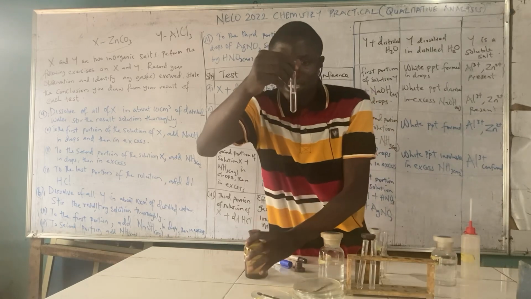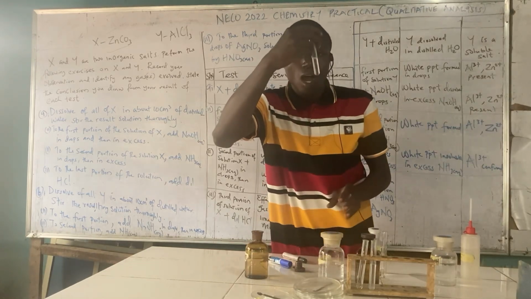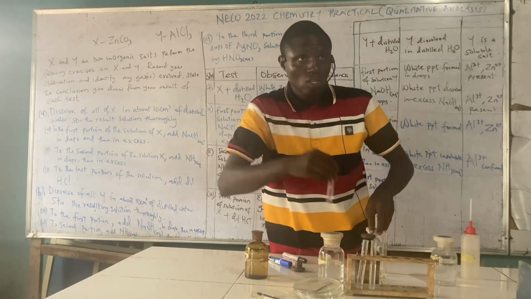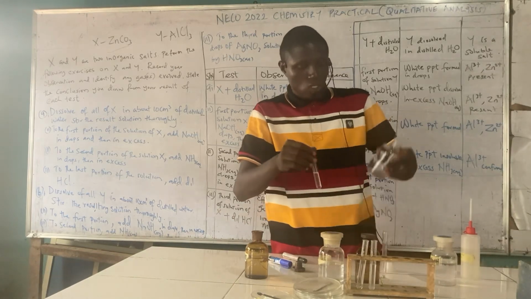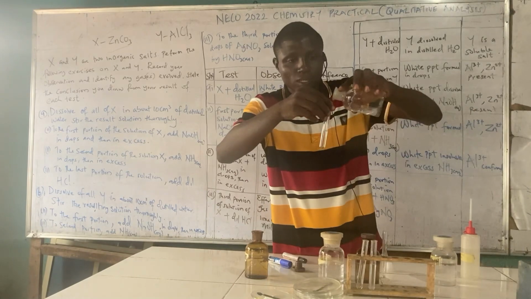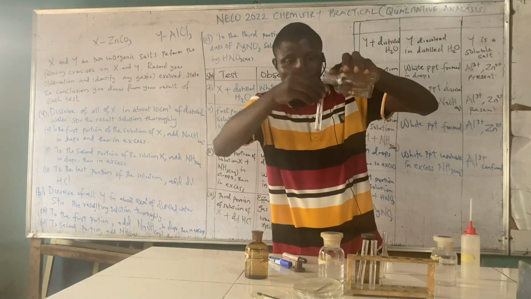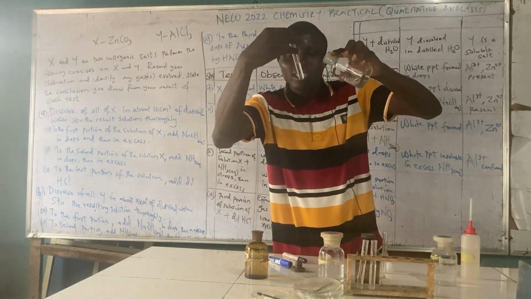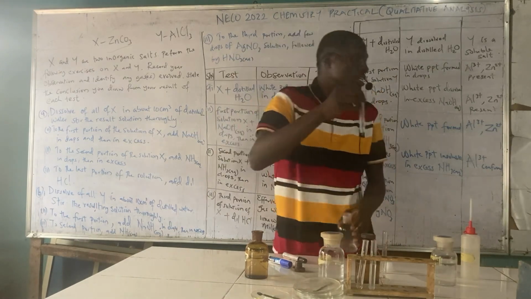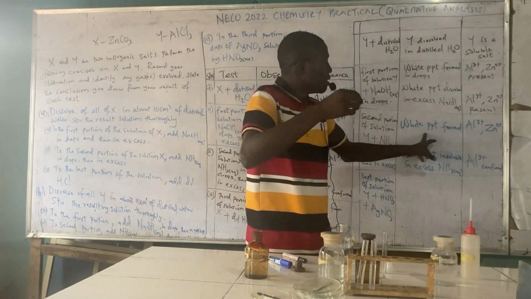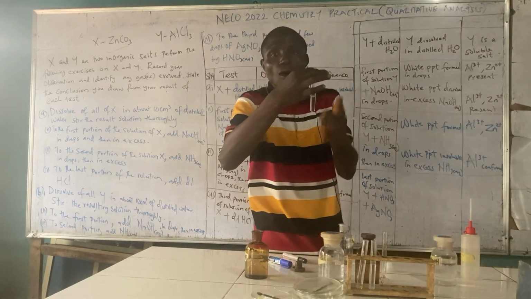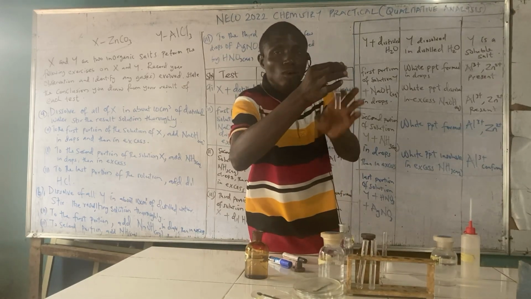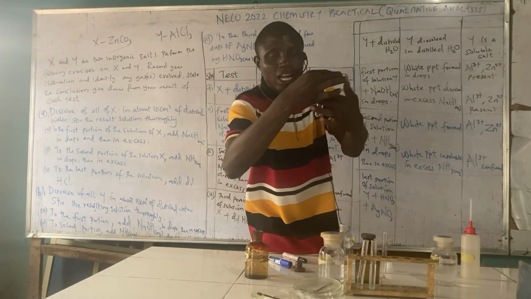We have acidified it now, and then the last one here with this one. If you observe very well, you can see a white gelatinous precipitate. You can call it gelatinous because it has the ability to form an oily substance along the wall of the test tube.